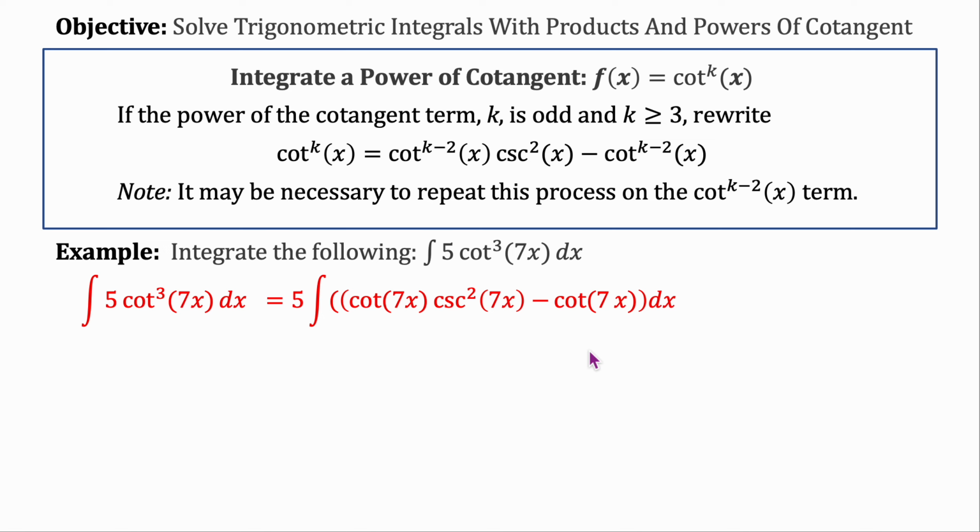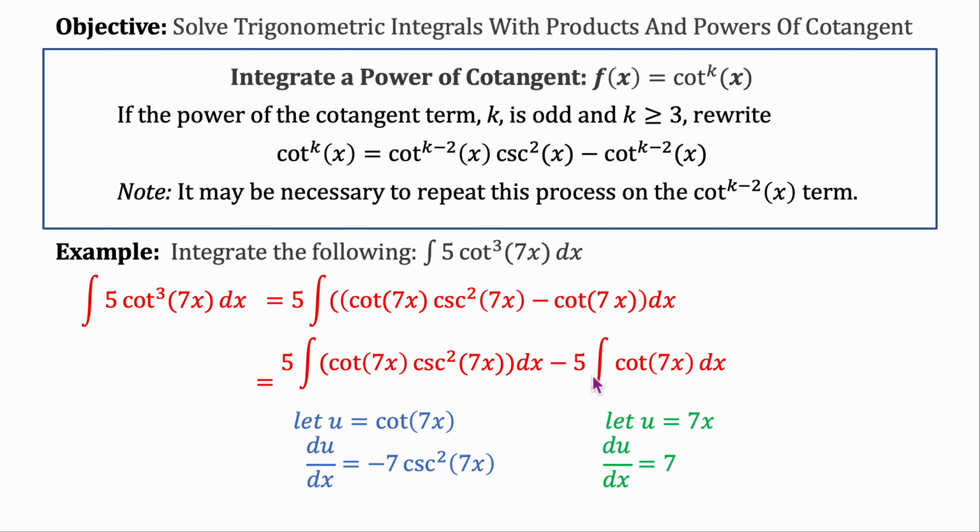Now let's think about what our substitutions are. This time we're going to let u equal the cotangent of 7x, but watch what happens. When you take the derivative of the cotangent of 7x, that requires us to use the chain rule. The derivative of a cotangent is negative cosecant squared, so you do the negative cosecant squared of 7x times the derivative of 7x, which is why there's a 7 there.